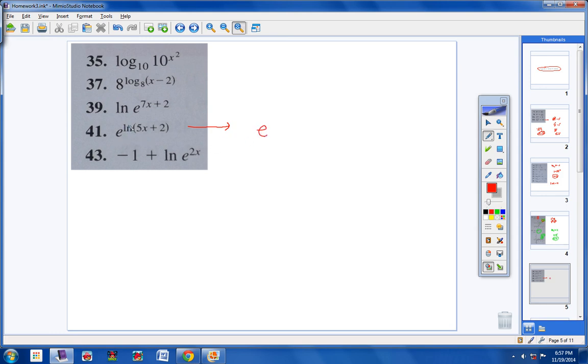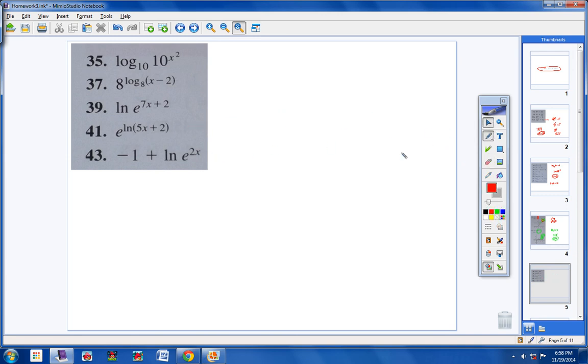So for this natural log right here, I'm going to put log base e of 5x plus 2. Because that's what natural log means. That means log base e. Now, whenever your base here matches your base here, then the answer is your argument. So the answer would be 5x plus 2.